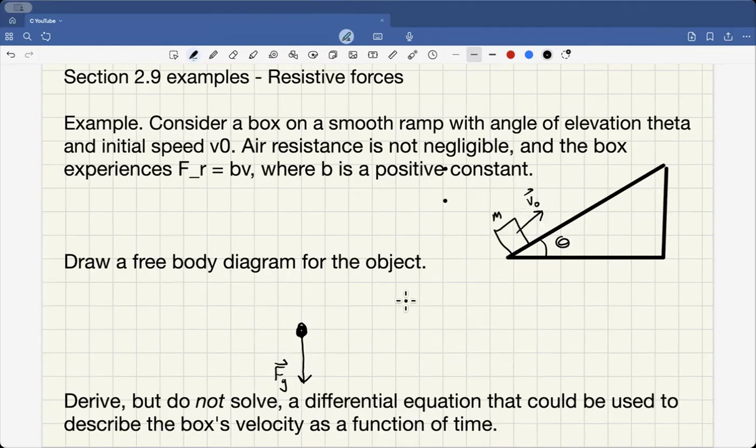We do not put that on our free body diagram. However, there are two other forces that this object will experience. A normal force perpendicular to the actual surface. So that should look something like this. And then you also expect there to be a resistive force that's going to be pointed directly opposite the direction of motion. So we'll label that FR.